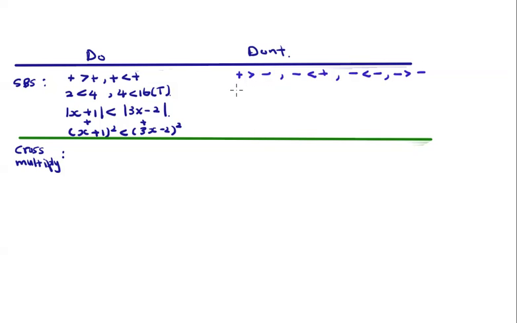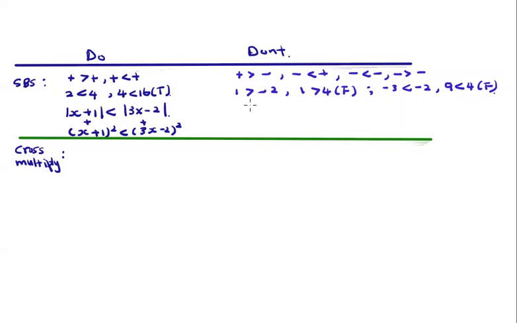Like 1 is greater than negative 2. But if we square both sides, we have 1 greater than 4, which is a false statement. Like negative 3 is less than negative 2. But if we square both sides, we have 9 less than 4, which is also a false statement.